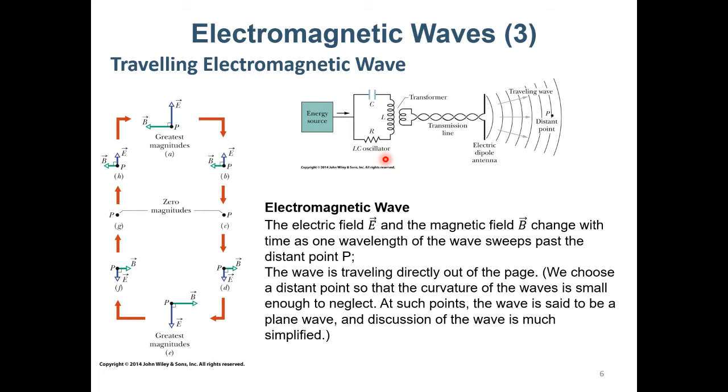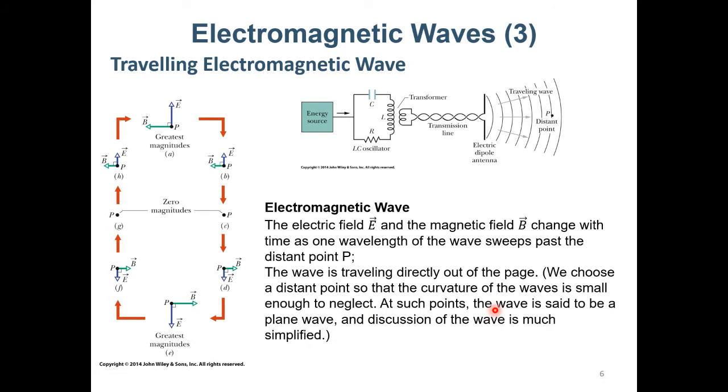In this case, we can see the E field and the B field change with time as one wavelength of the wave sweeps past the distant point P. The wave is traveling directly out of the page. We choose a distant point so that the curvature of the wave is small enough to detect.